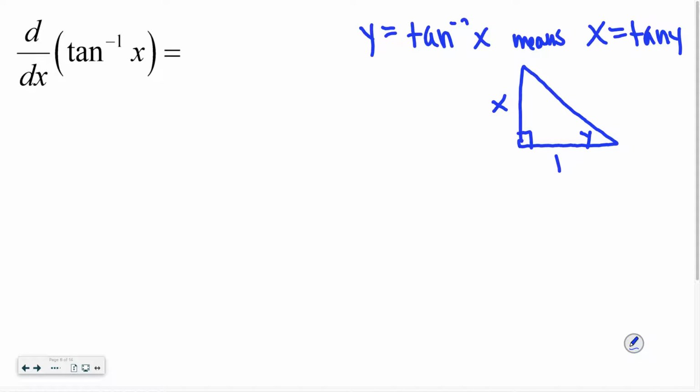And how do we find the hypotenuse? a squared plus b squared equals c squared. So that would be our hypotenuse. Now, some of us need a little bit more practice with our implicit differentiation. So let's do that.